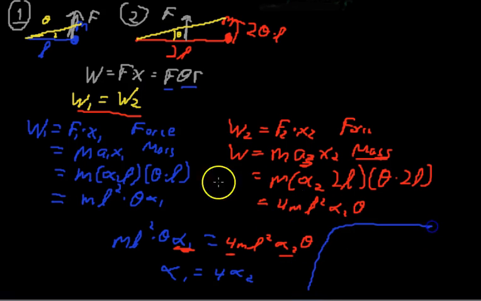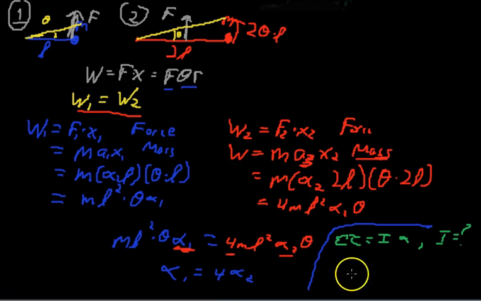Now if we just finish this off, if we're saying that the sum of torque is equal to I times alpha, and we're not really sure what I is, the first thing we notice is that by simply keeping the same mass, applying the same force at the same distance, but having that mass move through twice as much distance, we get 4 times the acceleration in the first case than in the second case, where the mass is twice as far away.